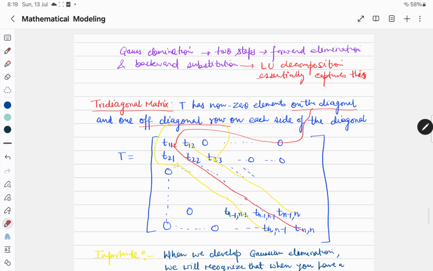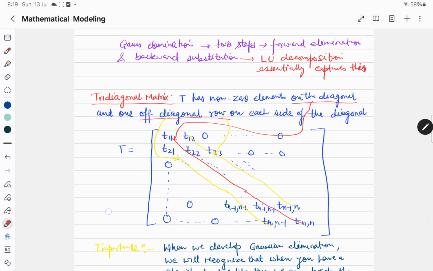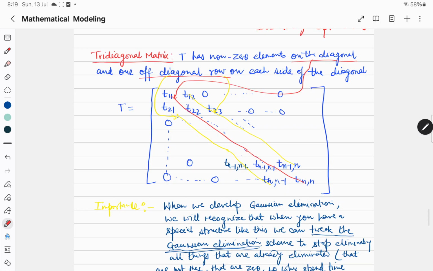Now another special type of matrix is the tridiagonal matrix, generally represented by T. It has non-zero elements on the diagonal, and one off-diagonal on each side, one above and one below. These are non-zero and the rest are zero. So these are called tridiagonal matrices. Now what is its importance?